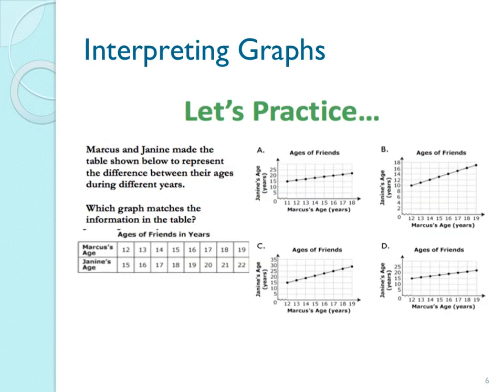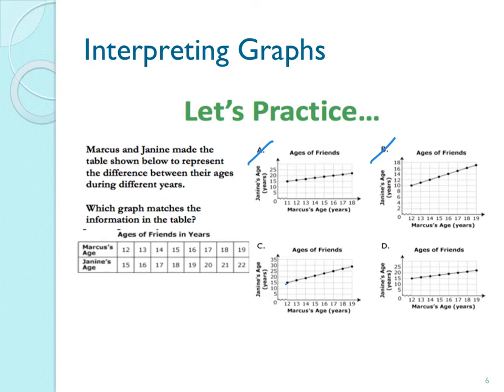Here you're matching up your ages with Marcus and Janine's. Marcus is 12, Janine is 15. So here I would eliminate A because it started with 11 and it was a little over 15, so it would not be that one. Here, B, it's 12 to 10. That would not be correct.